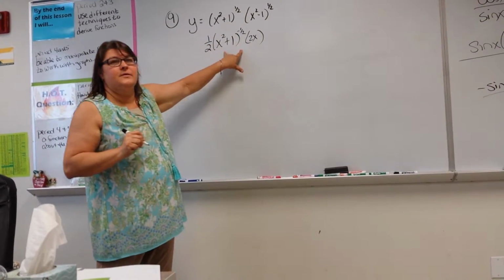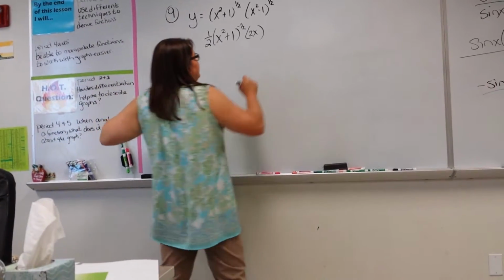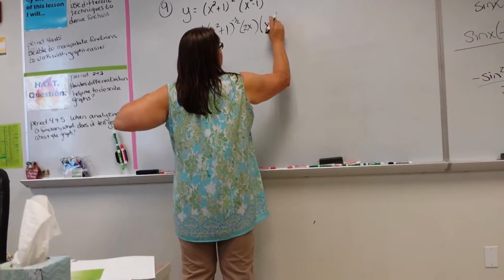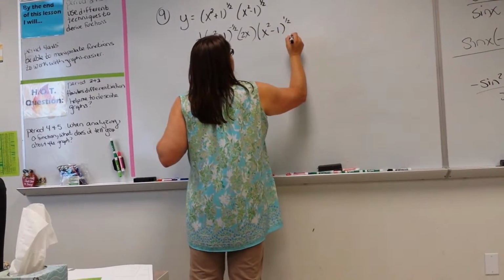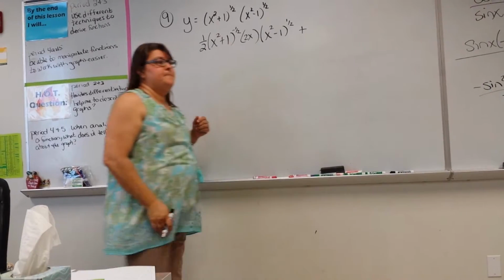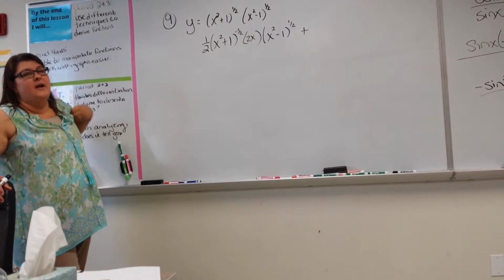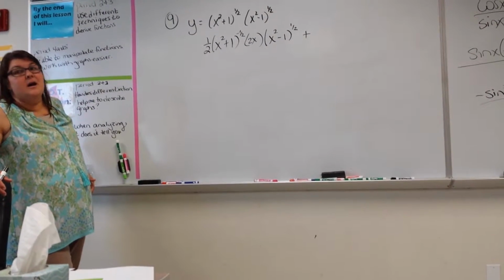Questions, comments, concerns, issues? Derivative of the first. Are we good? So first, derivative of the first times the second, plus, we did the derivative of the first times the second. The 2x is the derivative of the inside.